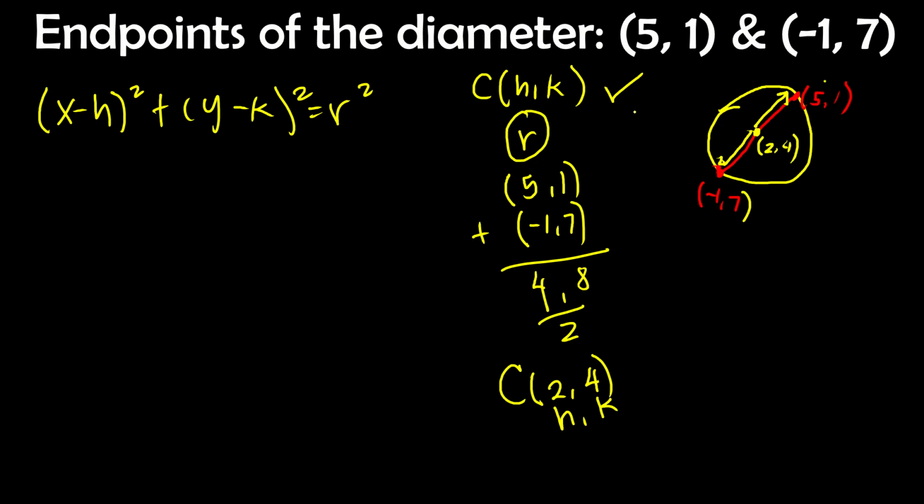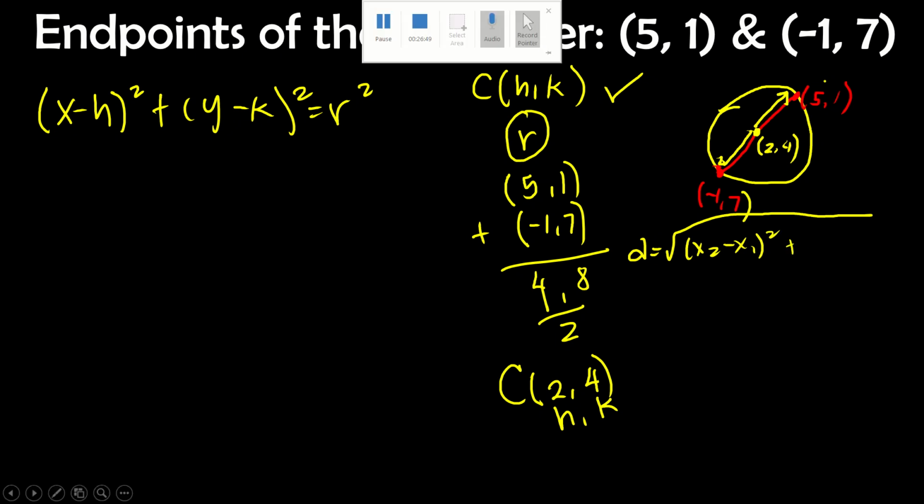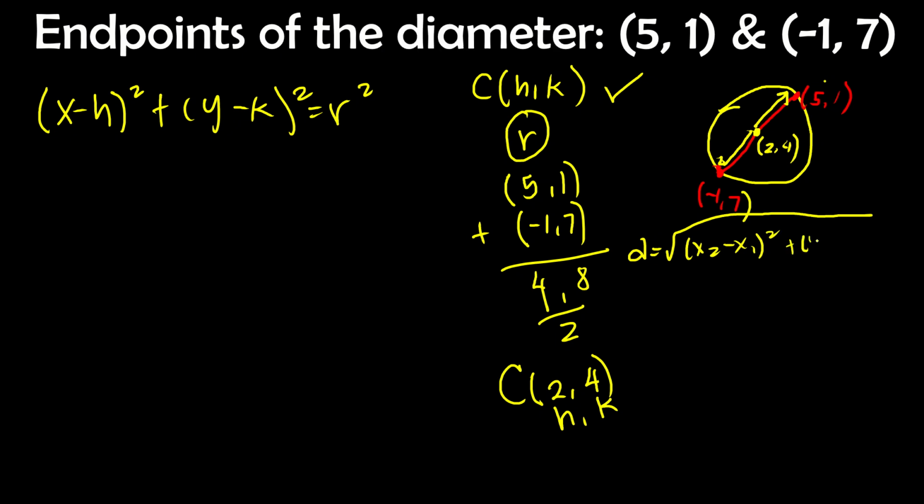Either of the two can be used. So let's try distance. Since our x and y coordinates are different, we will be using case number 3. The formula: the distance is equal to the square root of x sub 2 minus x sub 1 squared plus y sub 2 minus y sub 1 squared.